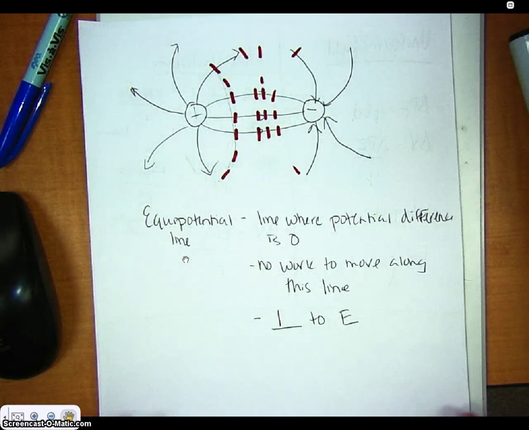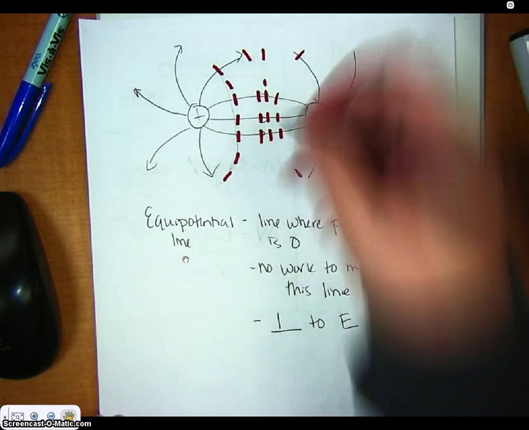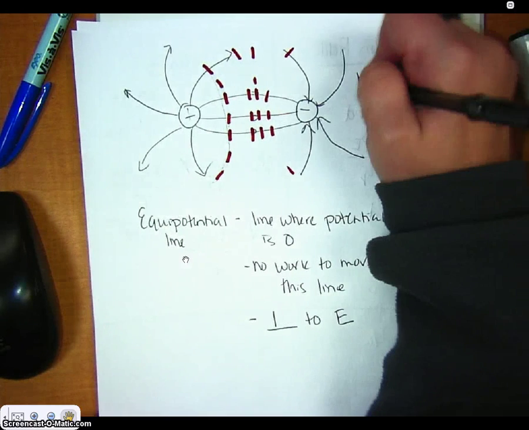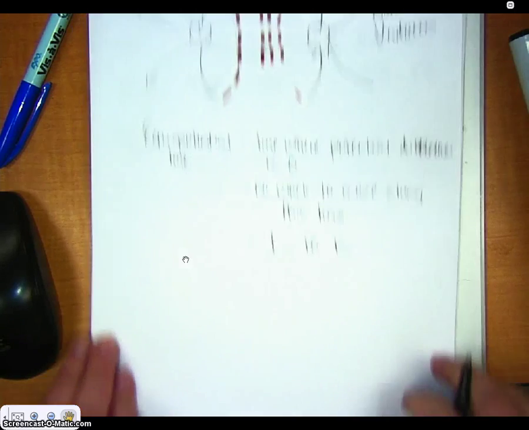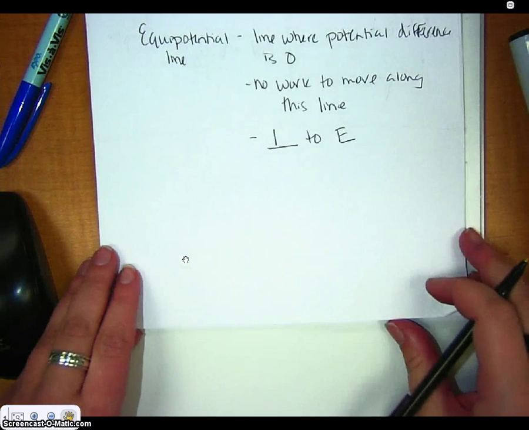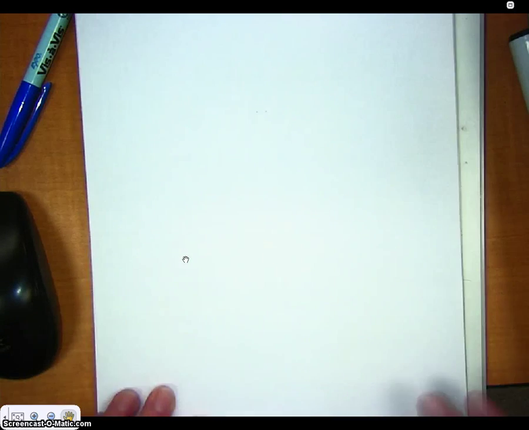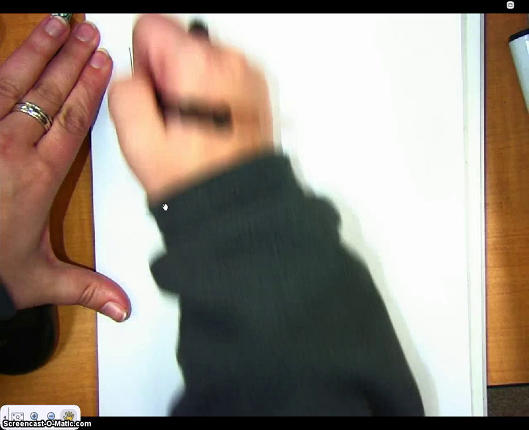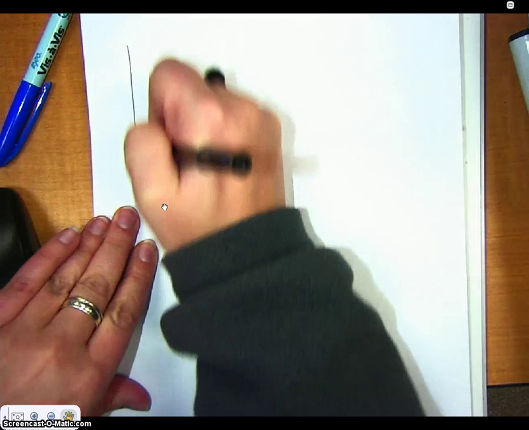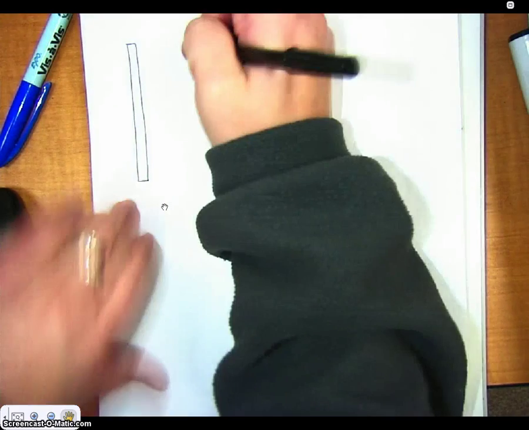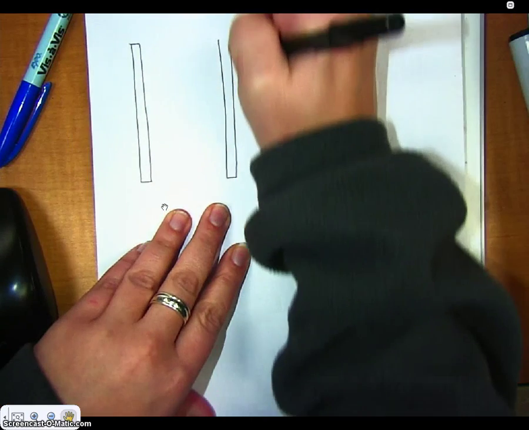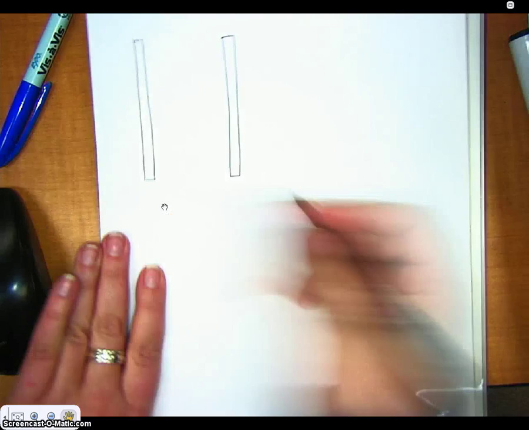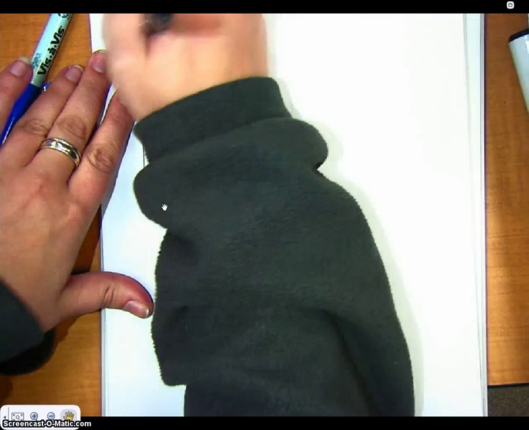Now there's another common example. Remember, this is a non-uniform field. But we also have a case where we do have a uniform field, so let me draw an example of that. This is a parallel plate.